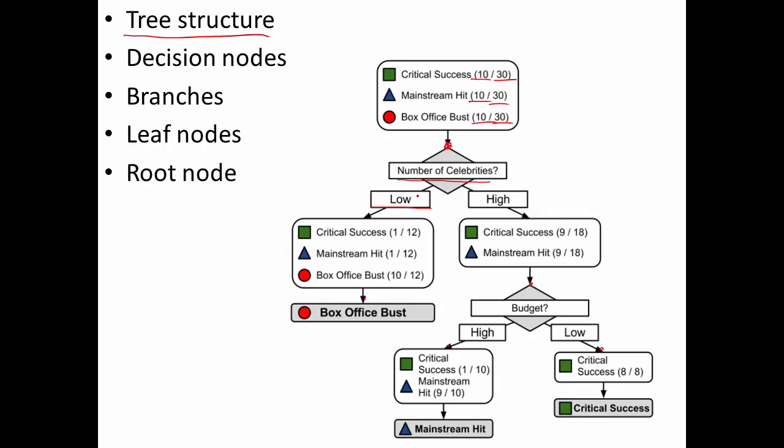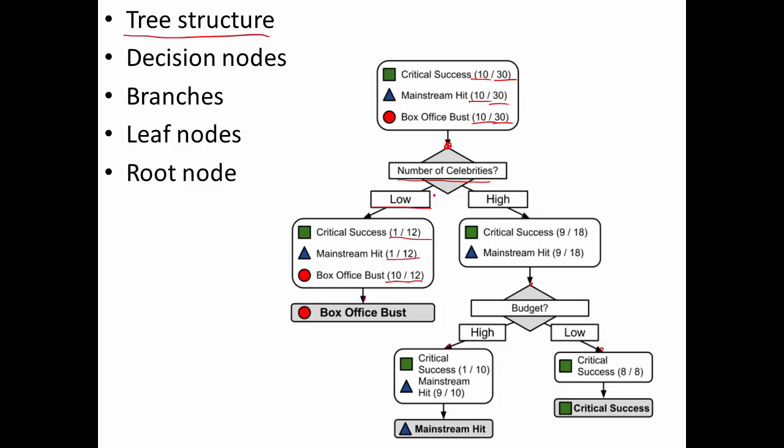It classifies them as box office busts, and there are 10 box office busts there, but by accident we have a mishap. There is one mainstream hit that's been classified as a box office bust, and also one critical success that's been wrongly classified. So such errors occur.